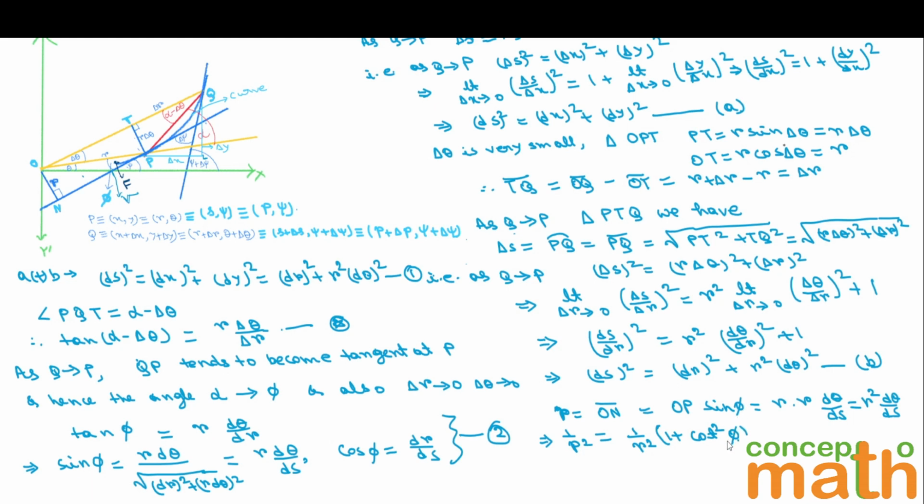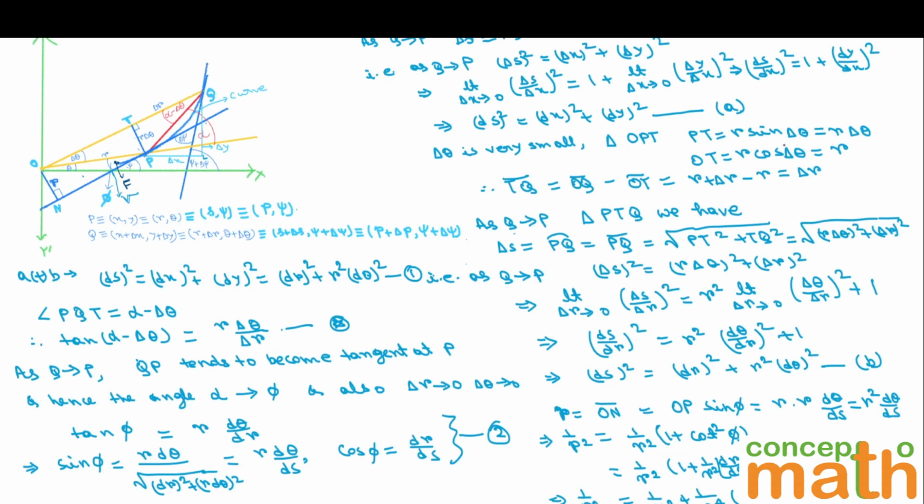Now from 2, if we put the value of cot phi to be ds/(r dθ), this turns out to be 1/r^2 times (1 plus 1/r^2 (dr/dθ)^2), which further reduces to 1/r^2 plus 1/r^4 (dr/dθ)^2. Call this equation number 3.